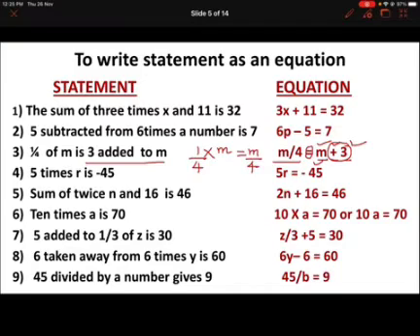I have used b. So 45 divided by b, the result is 9. So children, these are all the equations. This is how we form equations when statements are given to you. These are the statements and these are the equations. Okay? Next.